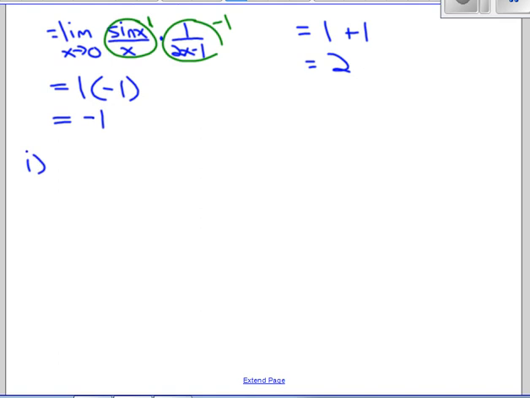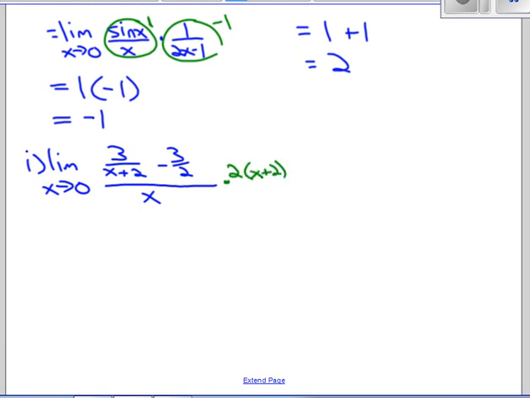For I, the limit as x goes to 0 of 3 over x plus 2 minus 3 over 2, all over x. We have nested fractions here, so we want to multiply by 2 by x plus 2. Let's see what happens.